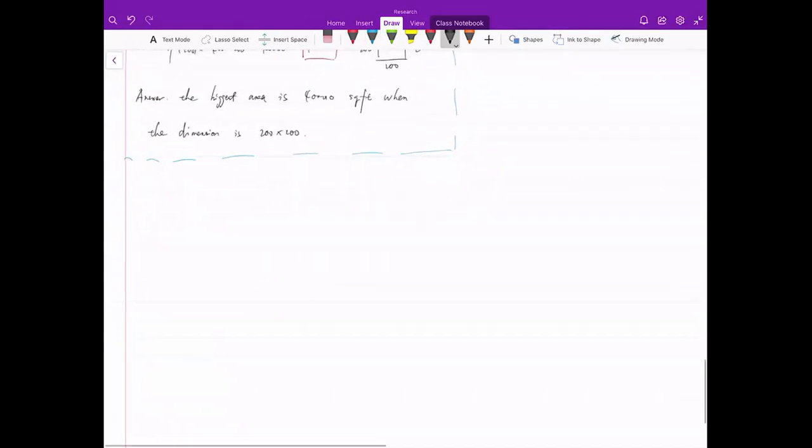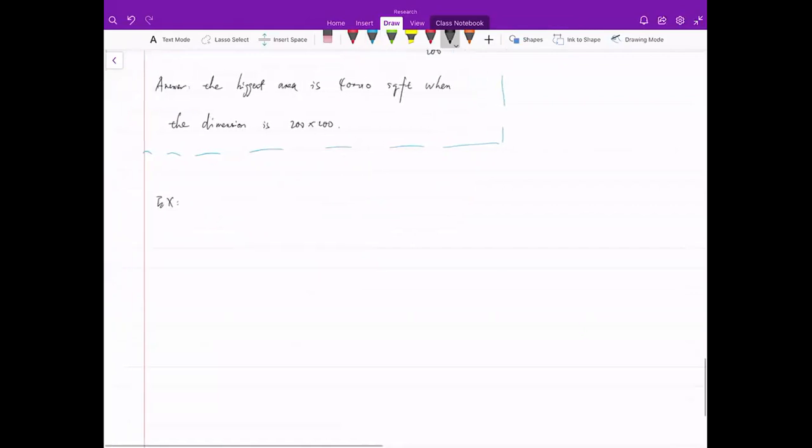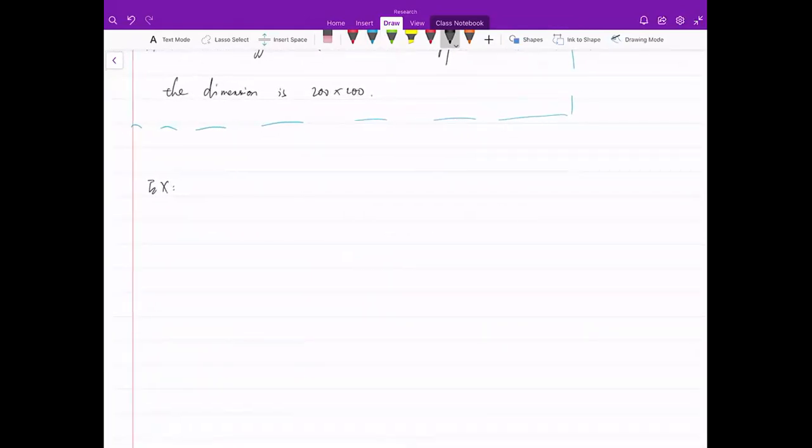Let's try one more. A little bit harder. Okay, this time we have a cardboard. Now what we want to do is we want to cut out the same small square at the 4 corner.